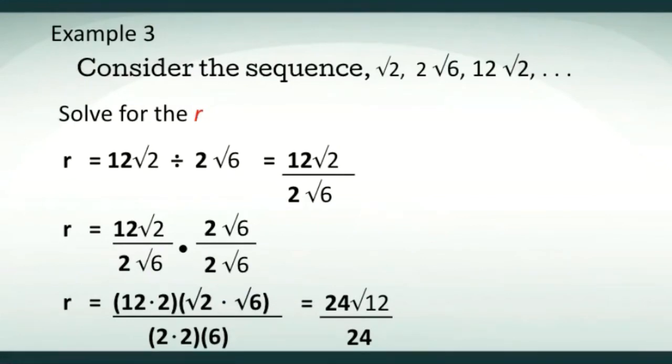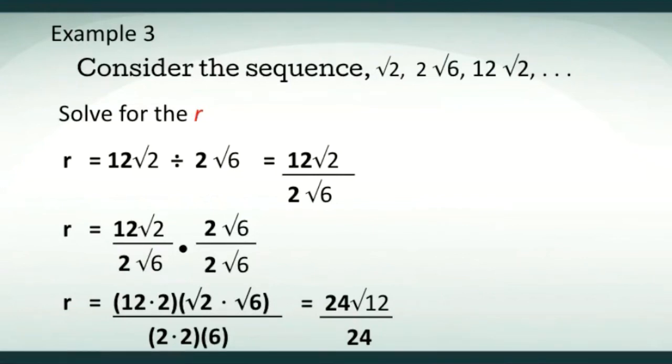Square root of 6 times square root of 6 is equal to square root of 36. Now remember, in square root, we need to find the perfect squares.